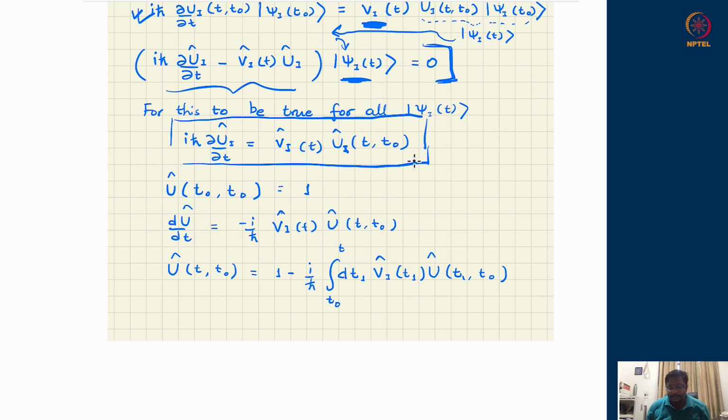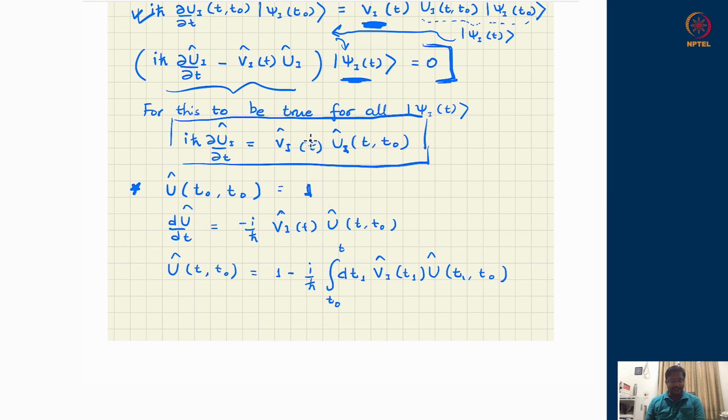In the interaction picture, in the presence of a perturbation, I am trying to find out what the unitary is. So what properties of the unitary are we looking for? We want the unitary to satisfy a trivial identity: if I do not move in time, nothing should happen to the wave function. That means the unitary of no time evolution, t0 to t0, should be the identity operator.